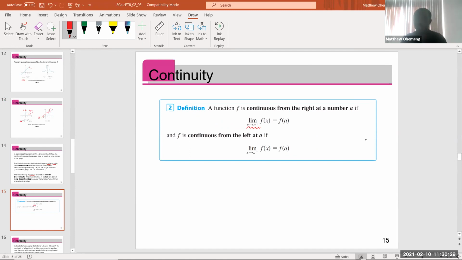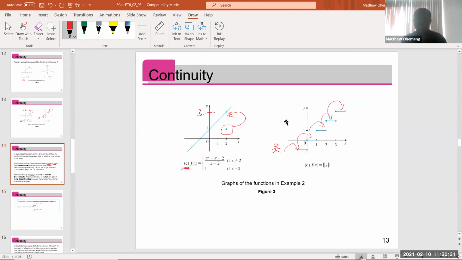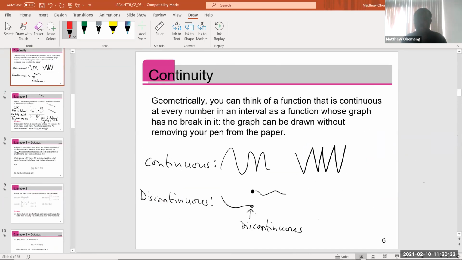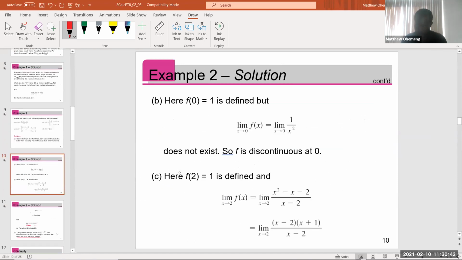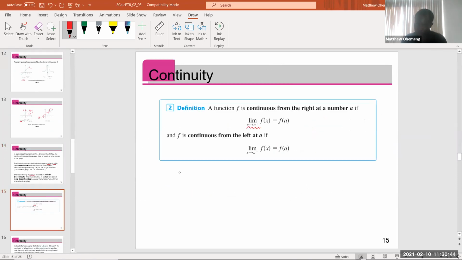Don't forget, it holds with the same three conditions as you saw before. The only thing that changes is that the limits involved will be one-sided, either from the right or from the left. So that's one-sided continuity.